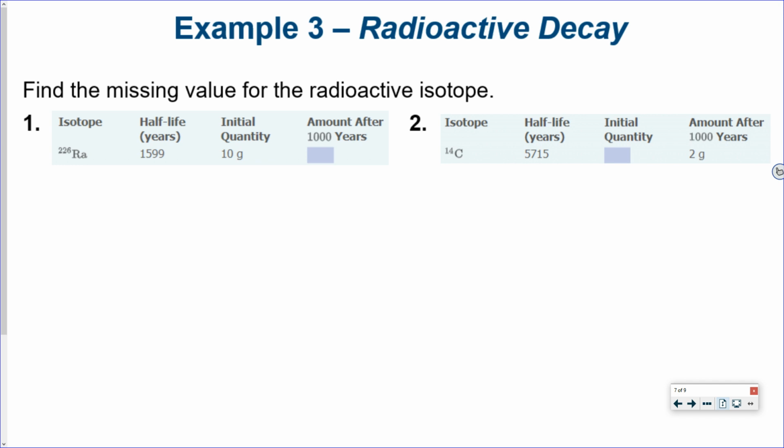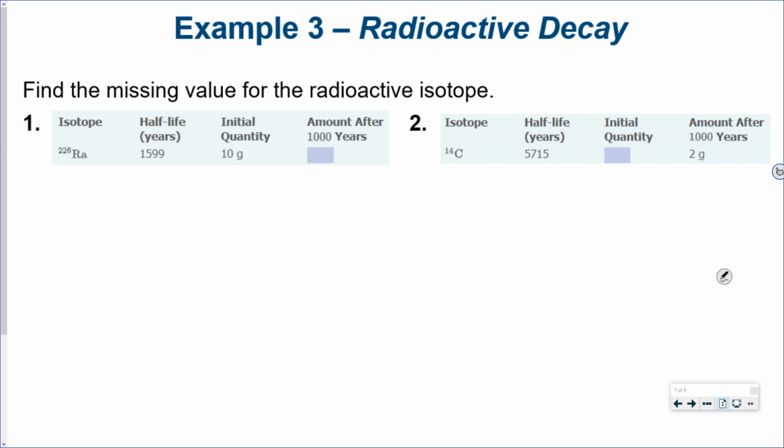So we know the initial quantity here is 10 grams, and we know it takes 1,599 years for that to cut in half. That's what that means. Some isotopes disintegrate way faster than others. I think potassium is either really long or really short. I can't remember. I'm not a chemistry teacher, but this one's obviously pretty long, right?